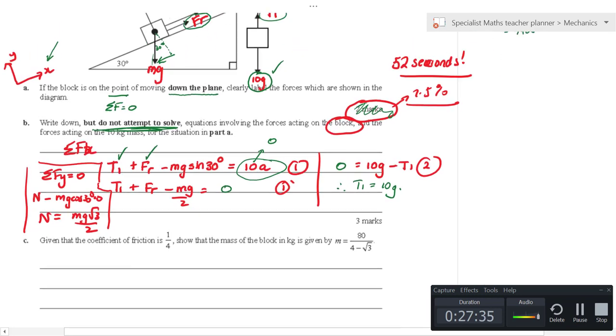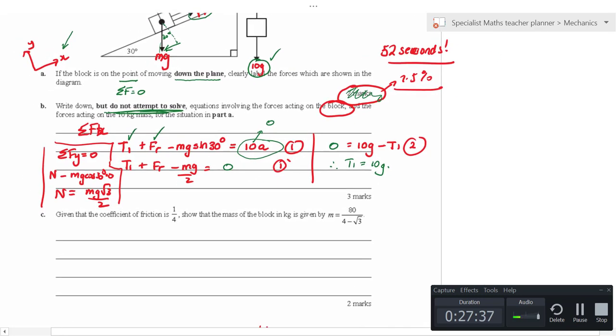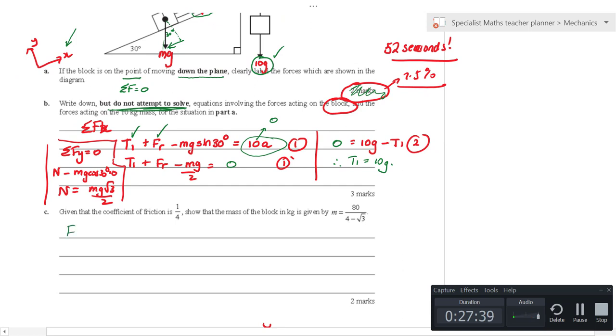Now the thing is, when you have friction, friction is equal to mu n. This is the maximal resistive force, where n is the normal force. And it says here the coefficient of friction is equal to 1 over 4.